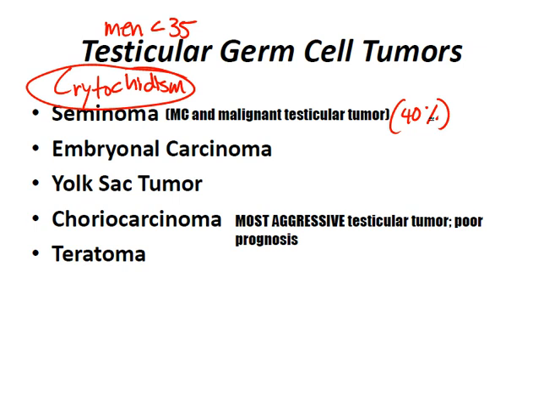It's arranged into lobules and surrounded by septae, and you see a lymphocytic infiltrate and granulomas. Now, gross appearance, it's a bulky gray tumor without hemorrhage or necrosis.